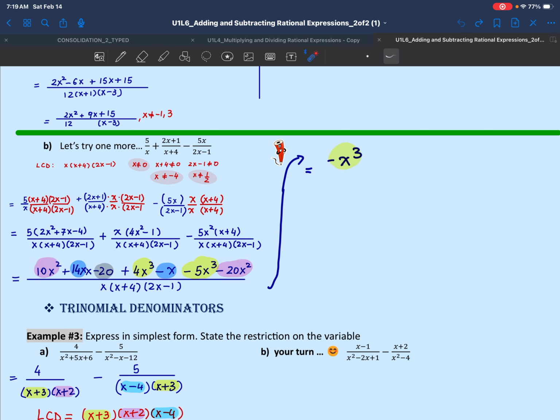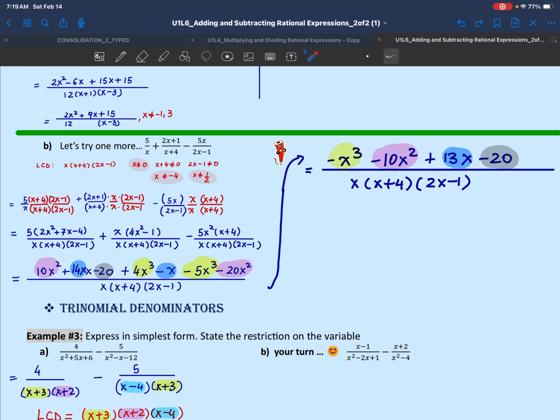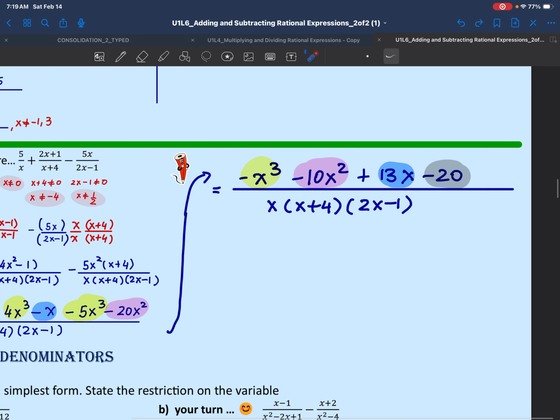That makes negative 10x squared. 14x and minus x, this is a typo by the way, 14 minus 1 will make 13x, and the only constant term is minus 20, divided by the lowest common denominator. So this would be the most simplified form.